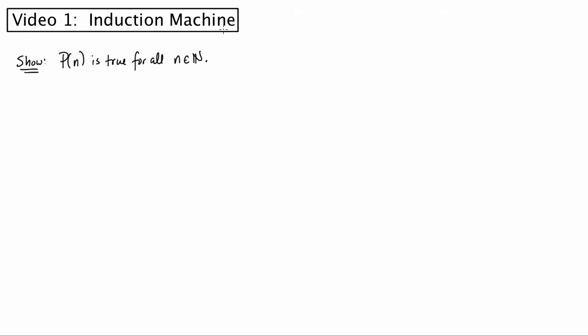And so one of the first things that you're going to find is that the induction machine requires or depends on the natural number system. You can think of this as being sort of the iterates.